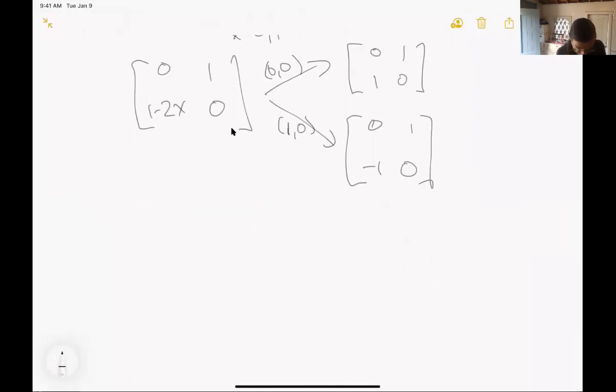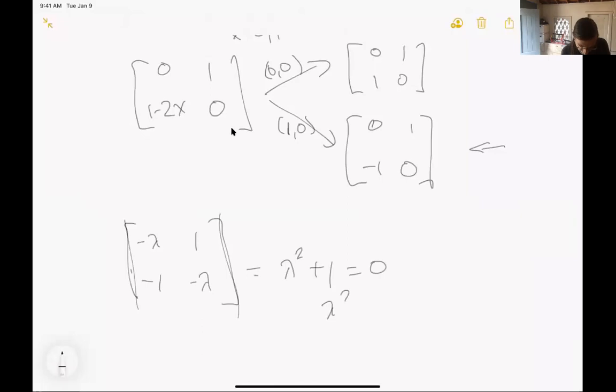Let's do them out of order. Let's do this one first. We want the characteristic polynomial: minus lambda, 1, minus 1, minus lambda. Take the determinant of that matrix and it gives us lambda squared minus negative 1 equals 0.